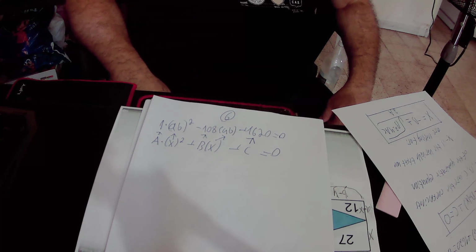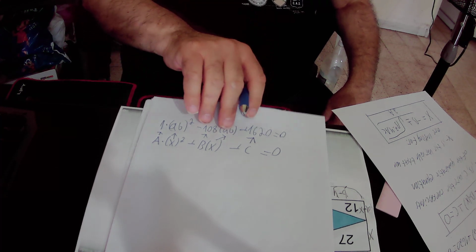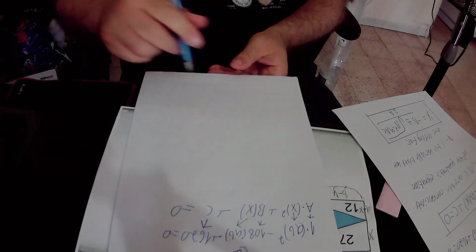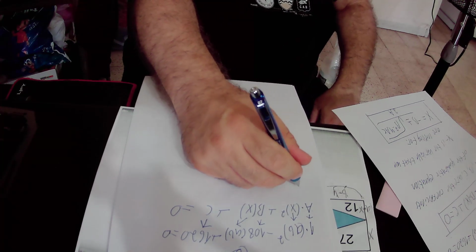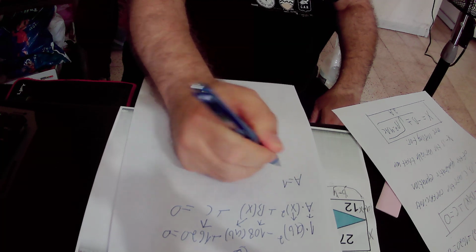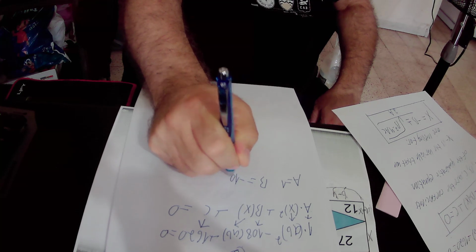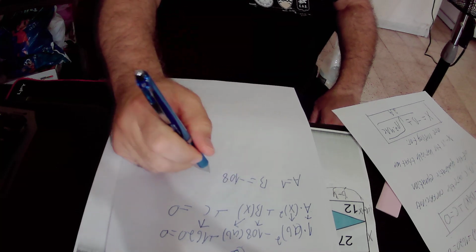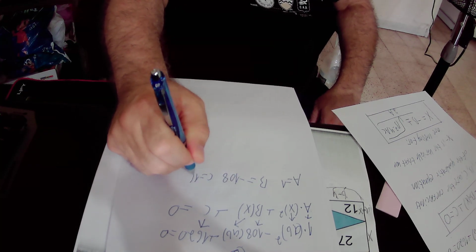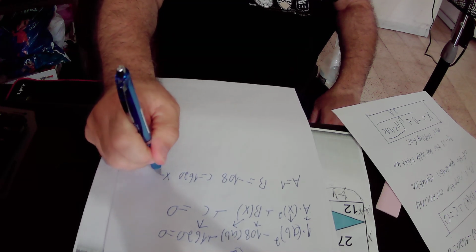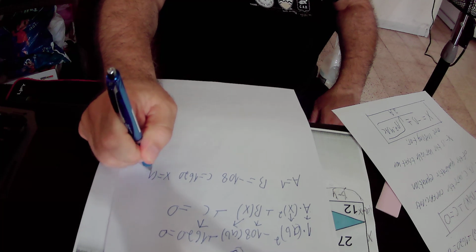Okay, so we will write it down. a equals 1, b equals negative 108, and c equals 1620, and x of course equals a times b.